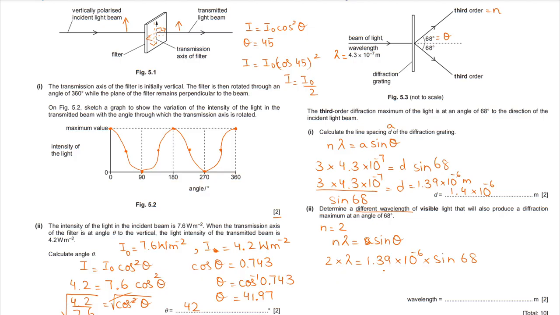The 2 is multiplying lambda, so it shifts to the other side and is divided, and we get the final answer. You can simply put the expression in your calculator and calculate the value. I hope it's clear to everyone now.